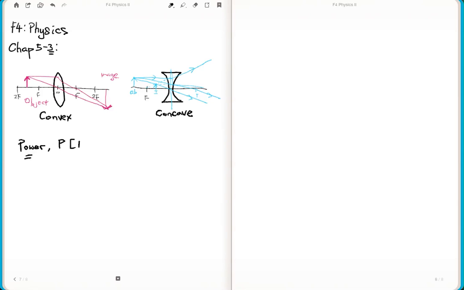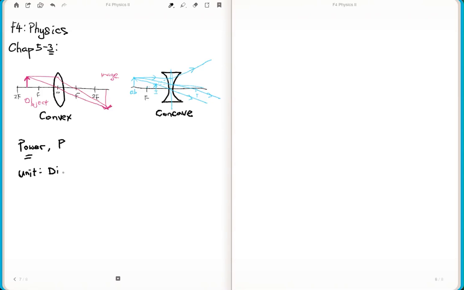We put it as capital D. Maybe I'll spell it, since it's the first time we're doing it. A special unit called diopter.